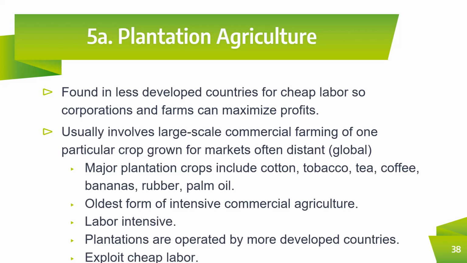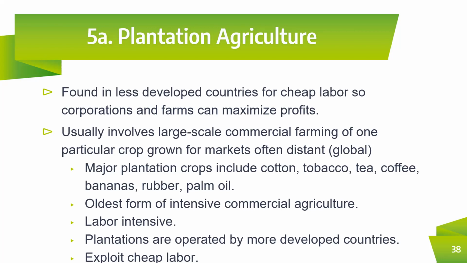And that Bitter Chocolate episode that we've been watching is an example of plantation agriculture. The roots of plantation agriculture go back to the times of colonialism and imperialism, where Europeans in Africa, for example, replaced subsistence farming with commercial agriculture.